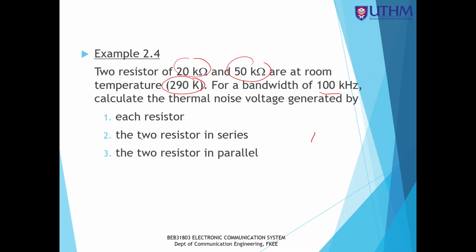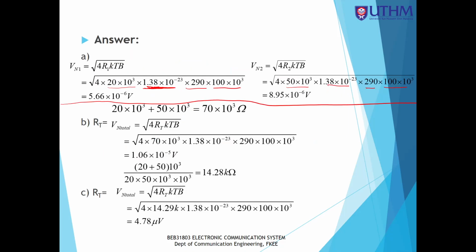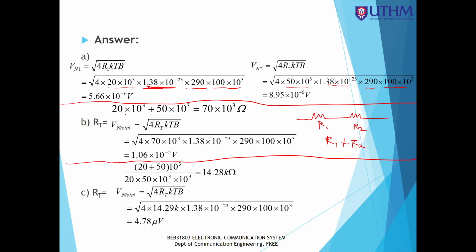The second question said that you need to find the thermal noise voltage if the two resistors are in series. If the two resistors are in series, that means you need to sum both of the resistors. The resistors are connected in series, R1 and R2. So R total is R1 plus R2, 20K plus 50K, so you will get 70 kilo ohm.